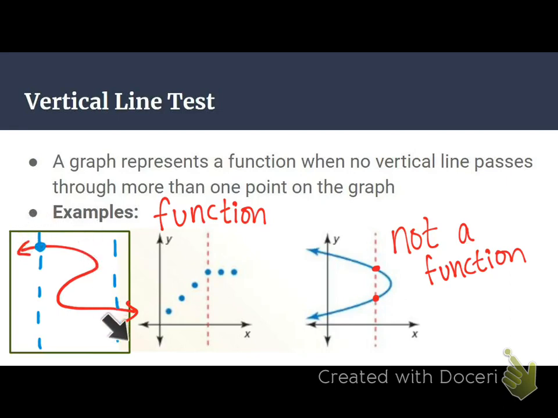How many times does it touch on this one? Just once. But if I use another line to test somewhere else, now how many times is it touching? 3 times. 1, 2, 3. So this is still going to be not a function. Okay, I'll just put a little red X in the corner. That's not a function because even though it worked some places, it didn't work everywhere.